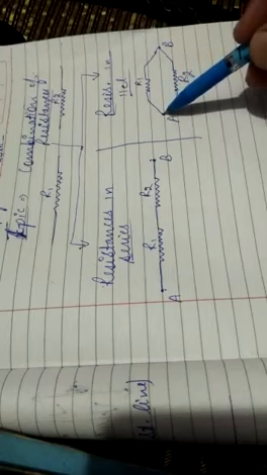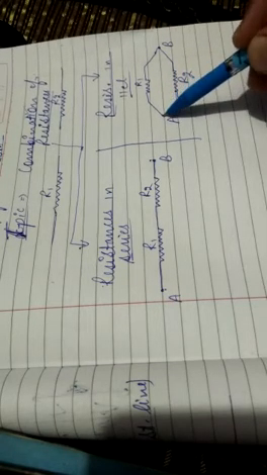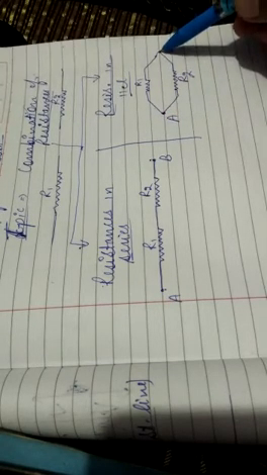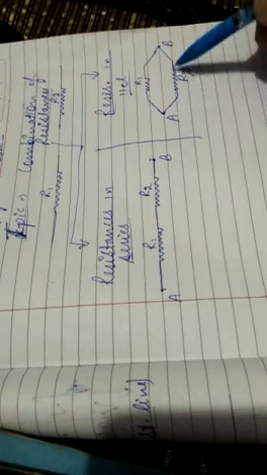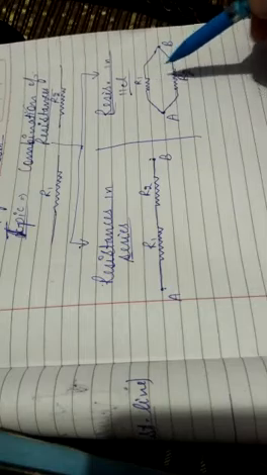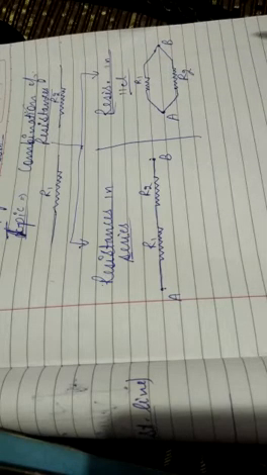But when there is more than one way of going from one end to the other, means you can go from this side or you may reach from this side as well, then resistances are said to be in parallel.